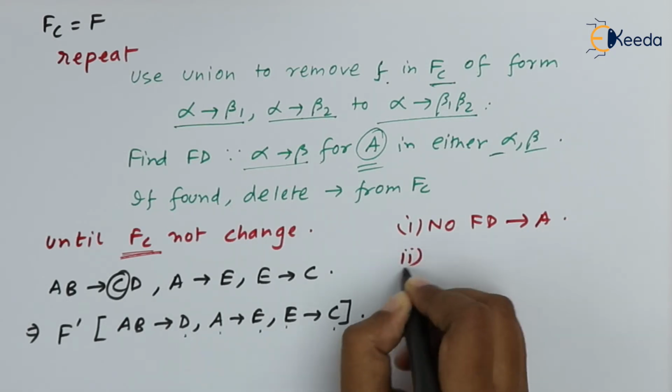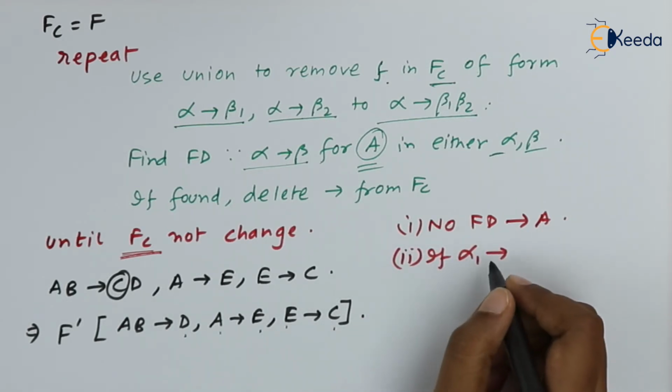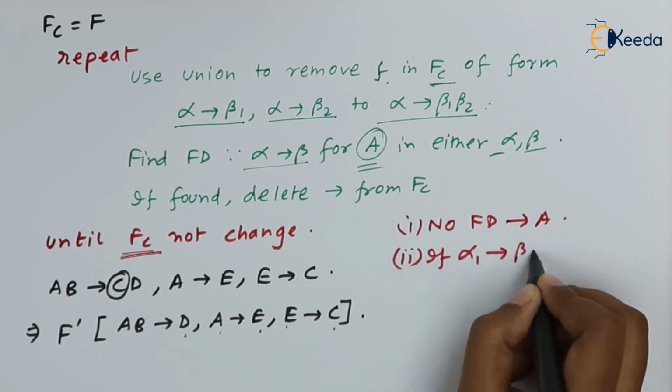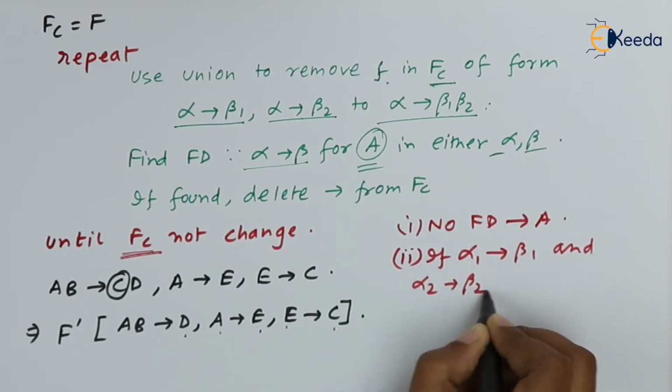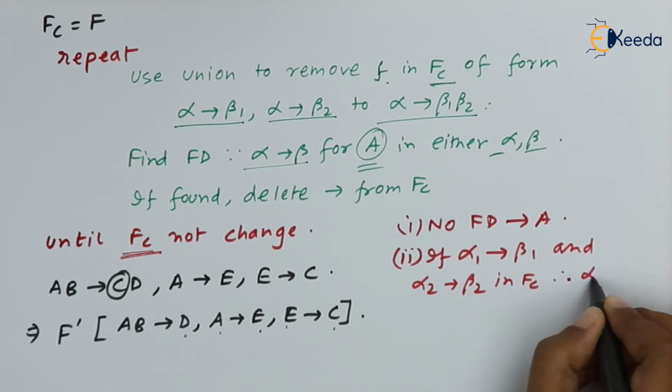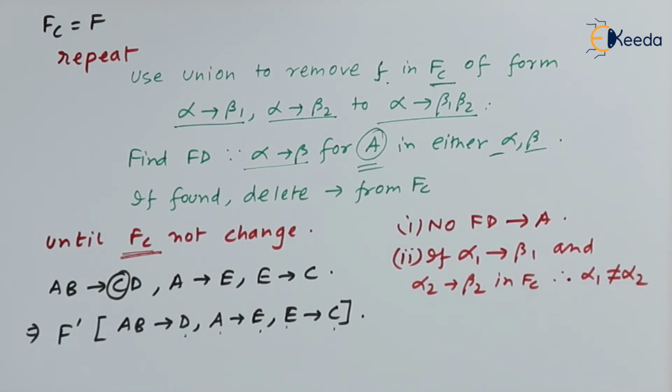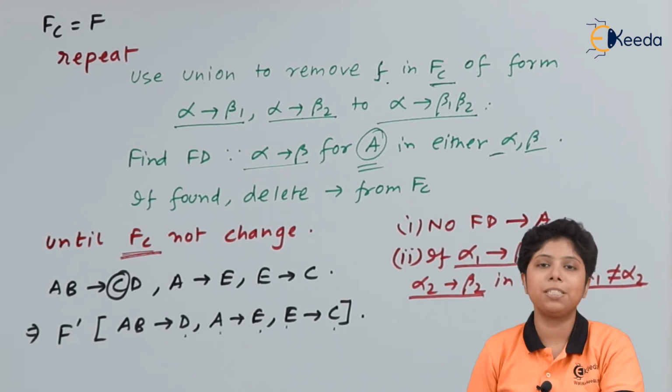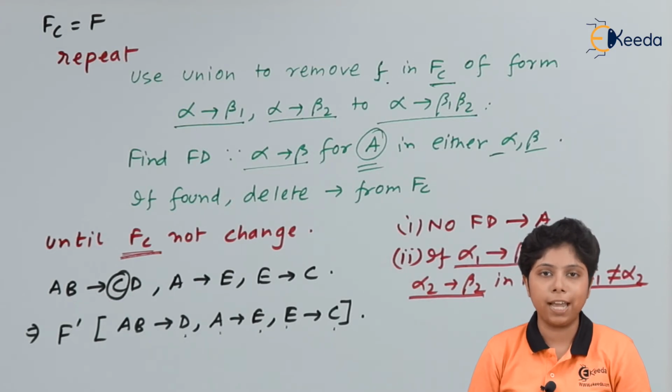So we can say that in Fc, if there are two dependencies, alpha 1 defines beta 1 and alpha 2 defines beta 2, then alpha 1 cannot be equal to alpha 2. That means the unique left hand side or the defining attribute in the canonical cover. So that is all for canonical cover. Next we will move to our next part.